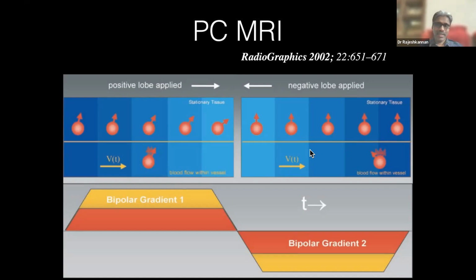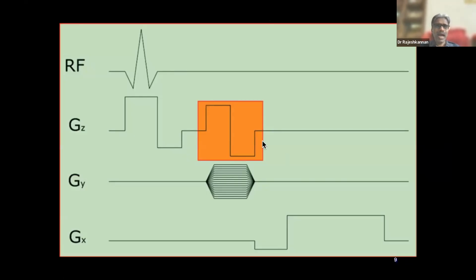So in a nutshell, the basic concept of phase contrast MRI is, when we are applying the bipolar gradient, the normal stationary tissues won't have much flow signal, whereas those tissues, the blood vessels which are patent, will have a phase shift, and they will be shown as bright or dark signals, and the strength of the signal will be directly proportional to its velocity.